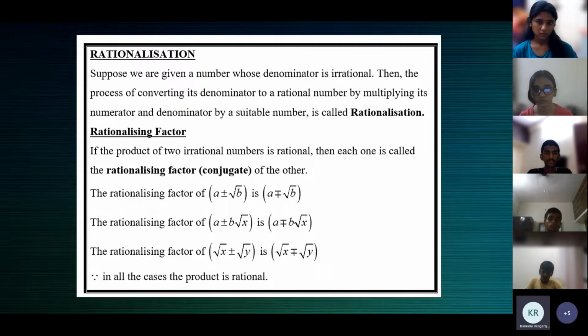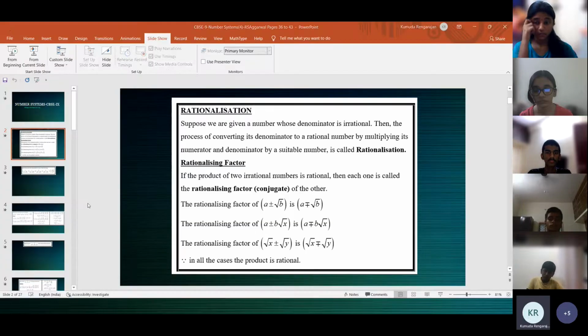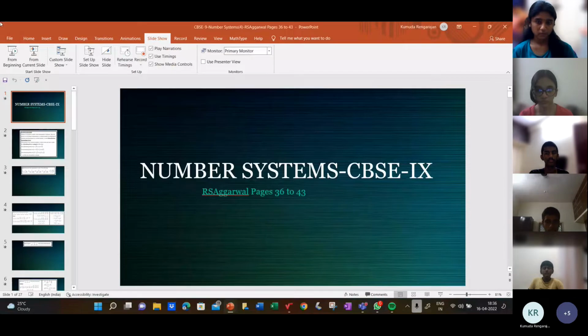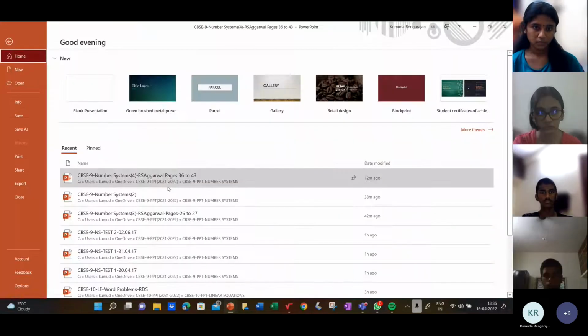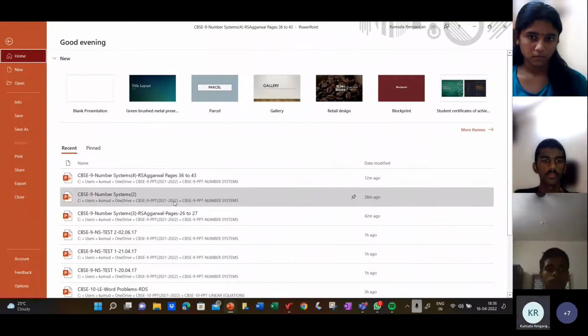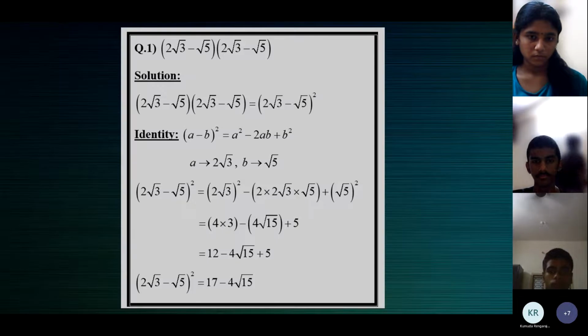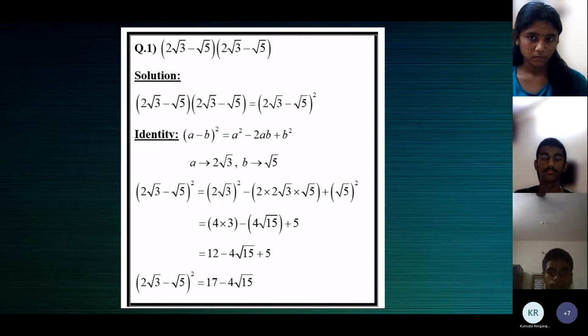You need to, let me go back to that file, 1 second. Yeah, this one. This is very important. So how do we multiply these two using the identity a minus b the whole square?